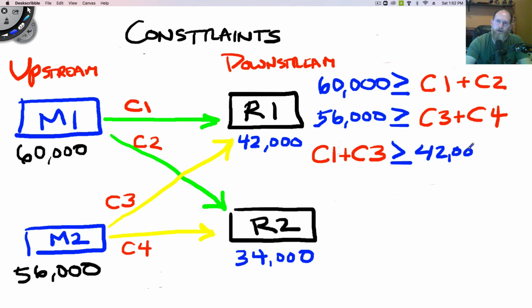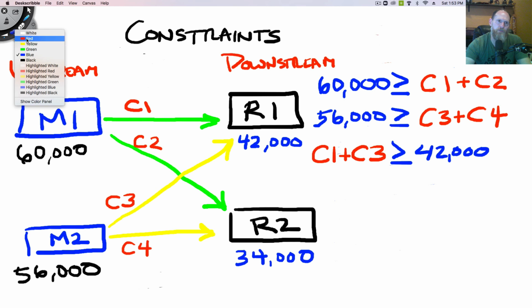So in this model, if we don't tell Solver to at least meet demand, if not exceed it, then Solver will do some other things. So we're telling Solver that the amount that retailer 1 receives must be greater than or equal to 42,000, which is its demand. And the amount it receives comes from those two channels.